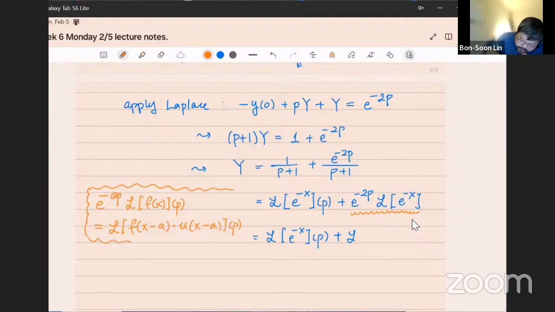Do you remember this? Okay. So this is the exponential shift rule on the outside, slash translation rule.